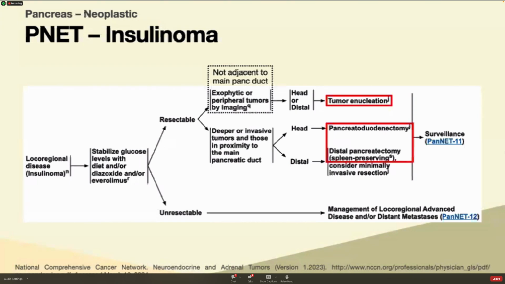But if the tumor is deep and in close proximity to the main pancreatic duct, then you would have to do either a Whipple's procedure or a distal pancreatectomy, depending on the location. So as you can see, there's no mention of doing a lymphadenectomy for insulinoma since it is mostly benign.